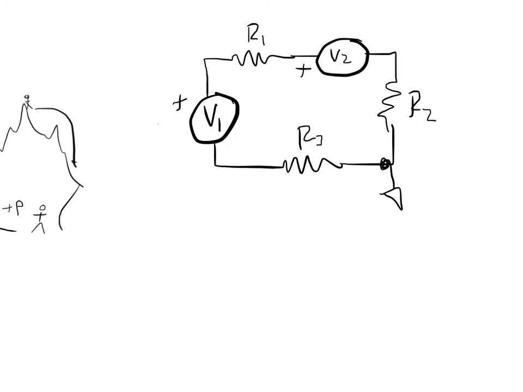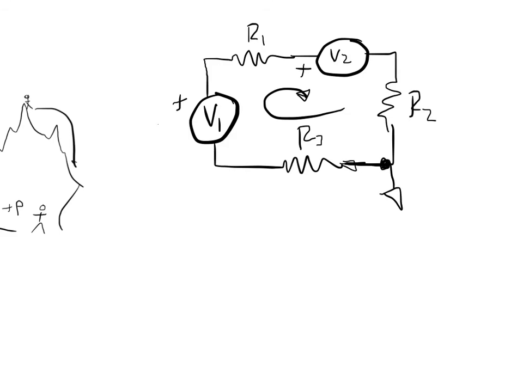So if we start here, and let's say we go in a clockwise fashion, we should have one current going through all of these. And so if we do assume current is going in that direction, then starting here and going to the left, we're going to run into a resistor.